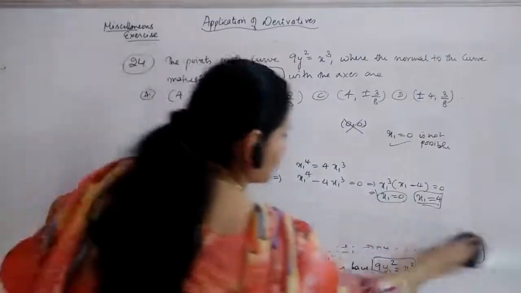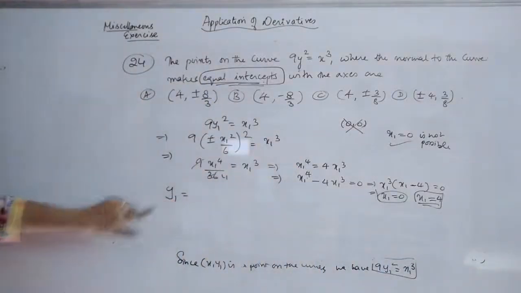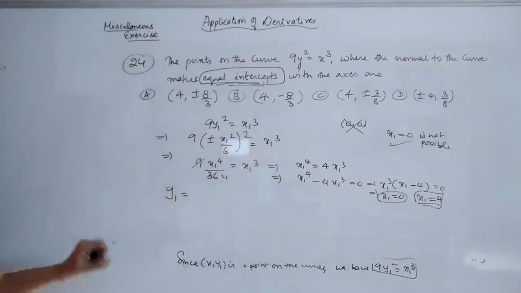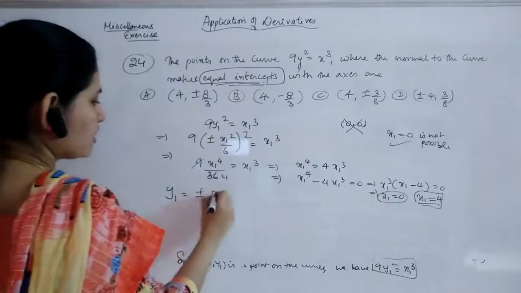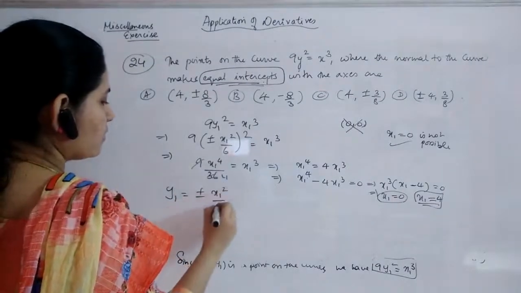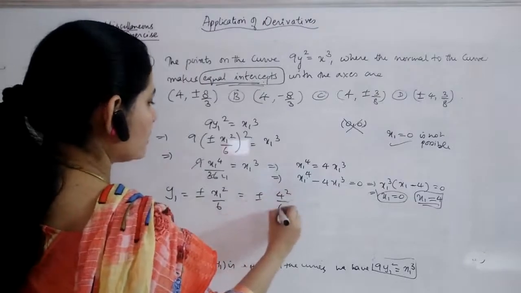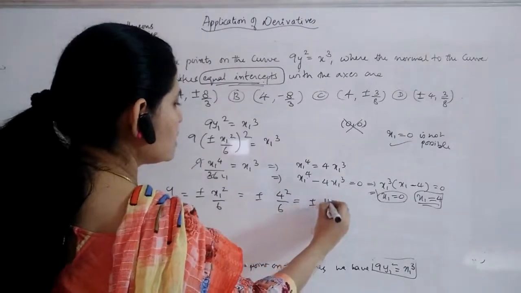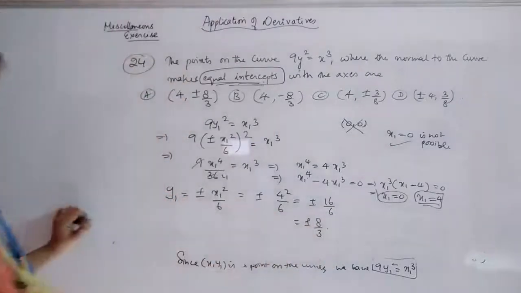Okay, now what is y1? Replace the value of x1 in y1 is equal to plus or minus x1 square by 6. So you'll get plus or minus 4 square by 6, or plus or minus 16 by 6, which is equal to plus or minus 8 by 3.